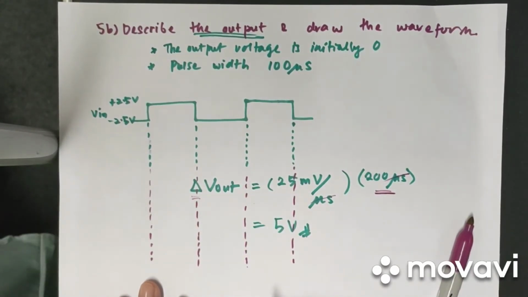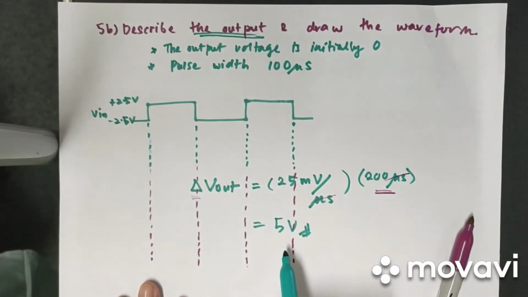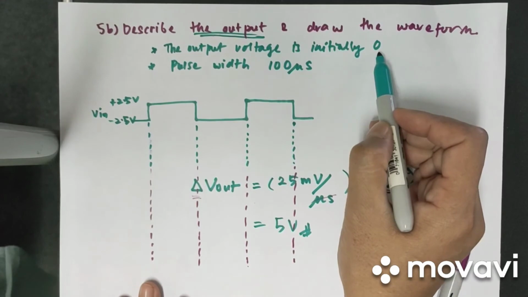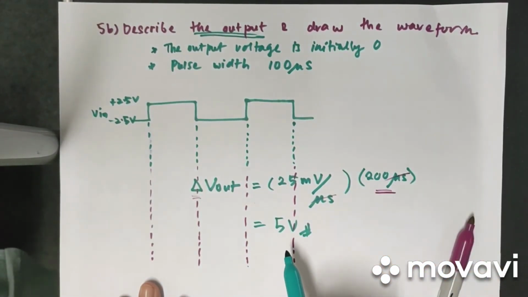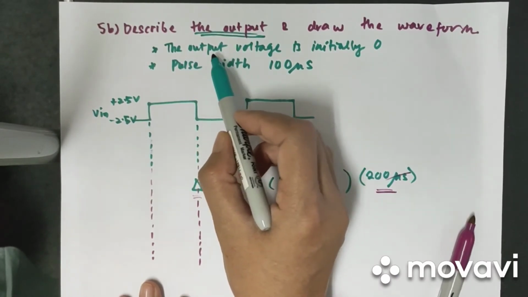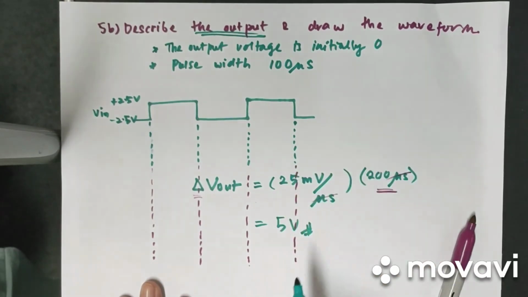So how to draw it? We know the value is 5 volt. 5 volt is the delta V out, which means it has a range. The range is from 0 to 5, but we have to know whether it is negative or positive. We already have the information: the output voltage is initially 0.